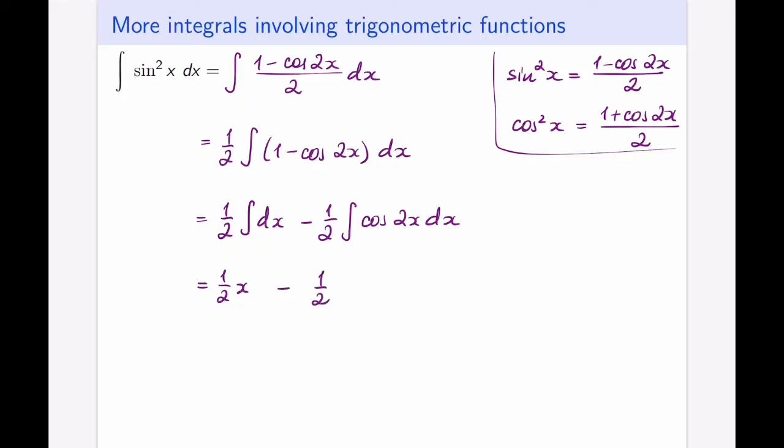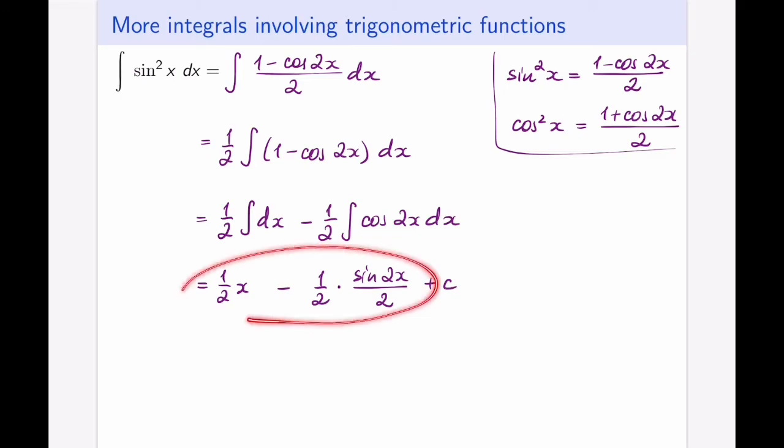And this second integral here, you can do the substitution for 2x in order to make sure that you got the right coefficient going out. Or if you've already practiced substitution enough, you might just be able to tell that the antiderivative here will be sine of 2x divided by 2, plus of course a constant.